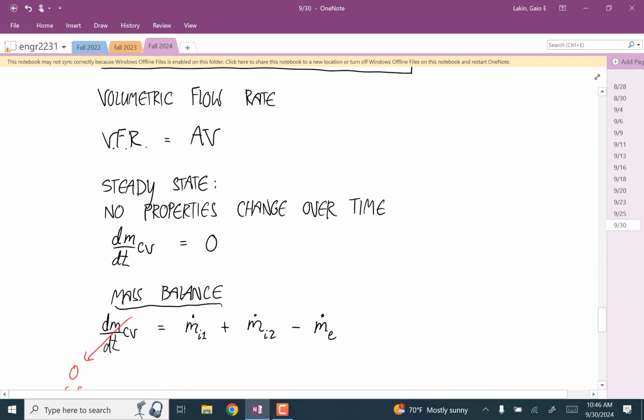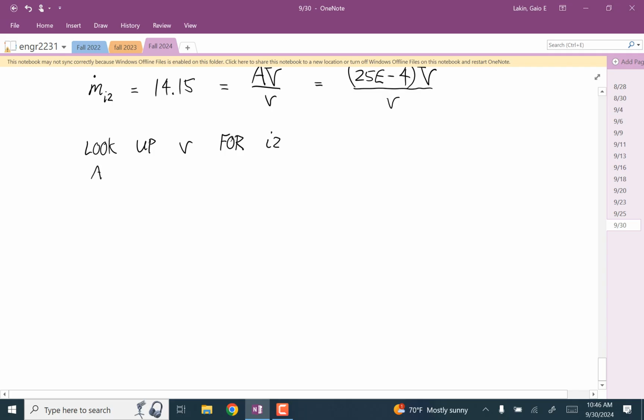That is liquid water. So we're going to look it up at a pressure equal to 7 bar and a temperature equal to 40 degrees Celsius. And this gives 1.0078 times 10 to the minus third cubic meter per kilogram.